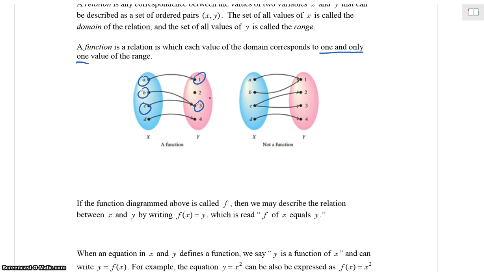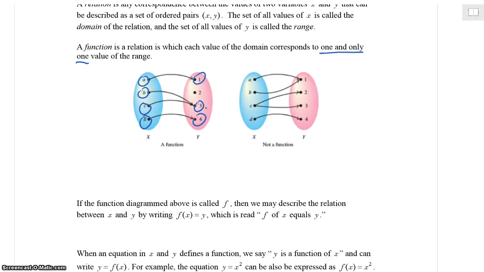So B and C correspond to the same element of Y, but both B and C correspond only to that one element and not to more than one element. D corresponds to 4 and only 4. So for each element of set X, there's a correspondence to one and only one value in the set Y. So the first correspondence that's diagrammed is a function.